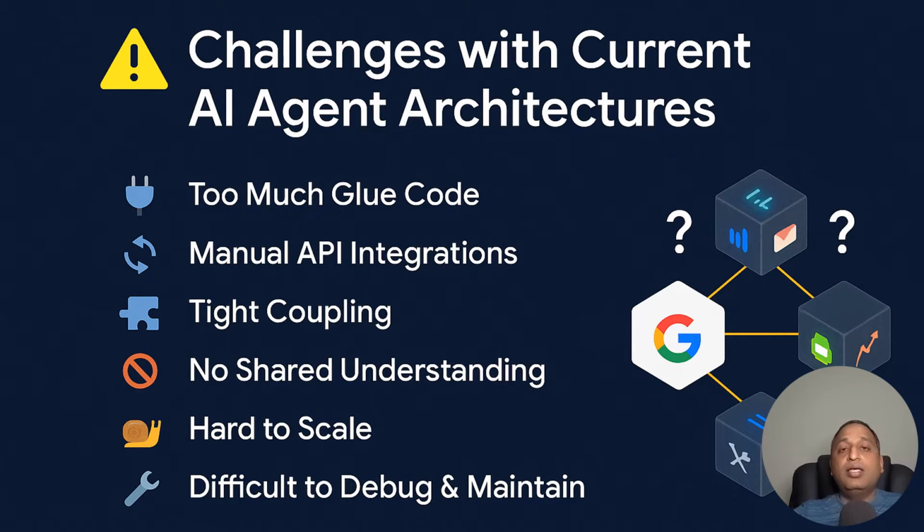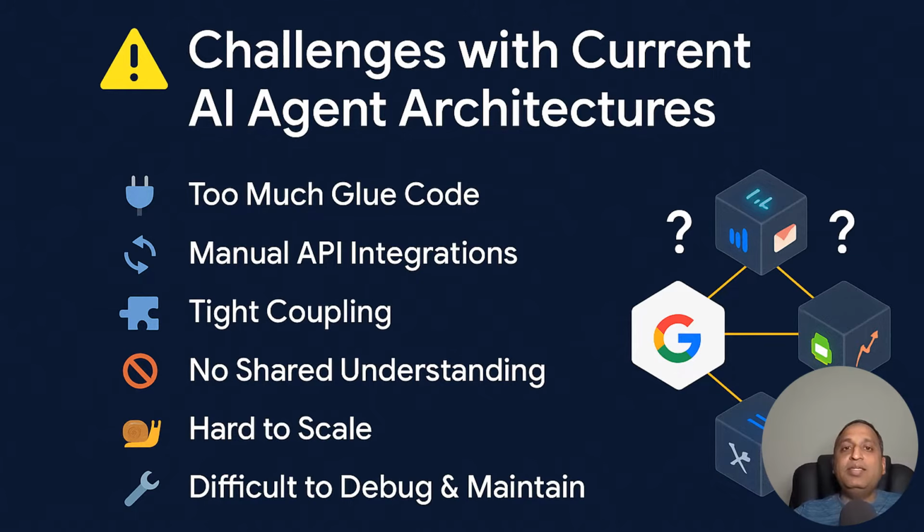And last but not least, it is difficult to debug and maintain. When something goes wrong, tracing the root cause across these independent agents becomes a nightmare. Logs are scattered, and you have a lot of error messages. Each agent has its own error code convention, and debugging often requires a lot of tribal knowledge.